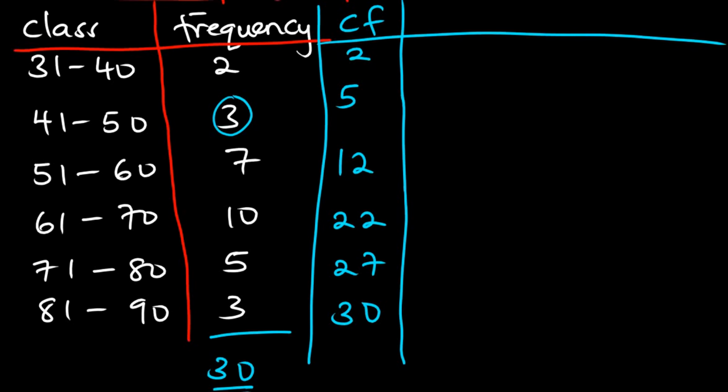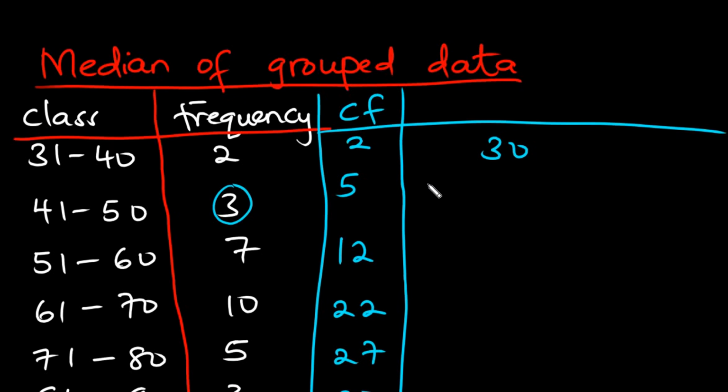As we said, when we talk about the median, it's that value that is at the center, at the middle of all those values. And we know that the total items, or for this case students, are 30. So to get the value that is at the center, the nth term, which is the middle term, is going to be 30 divided by 2.